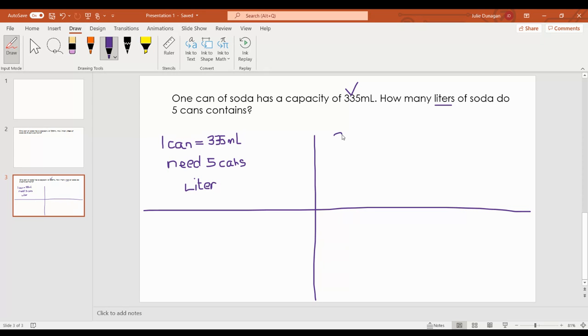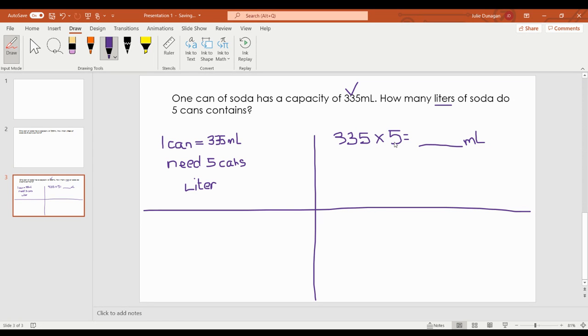So we're going to write 335 times 5, because I don't want to forget what I'm doing. Okay, then we're going to write milliliters because that's what this is going to give us, the total number of milliliters in the 5 cans.